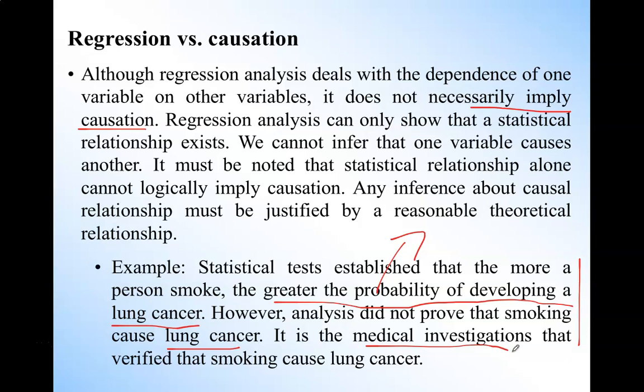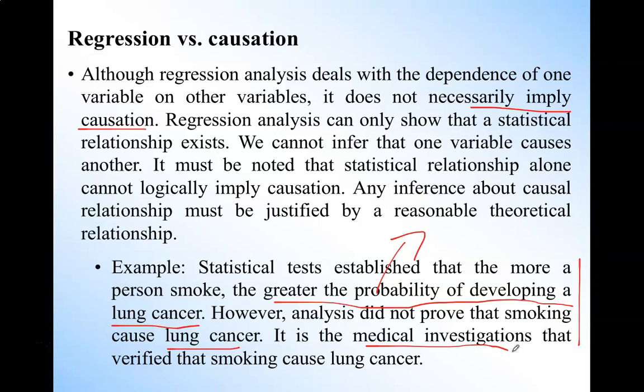Using masks, making sure we mask on, and social distancing. Why? Because if we wear the mask and we have social distancing between individuals or the people around us, then there's a lower possibility of getting infected by the coronavirus. Those are the probabilities.